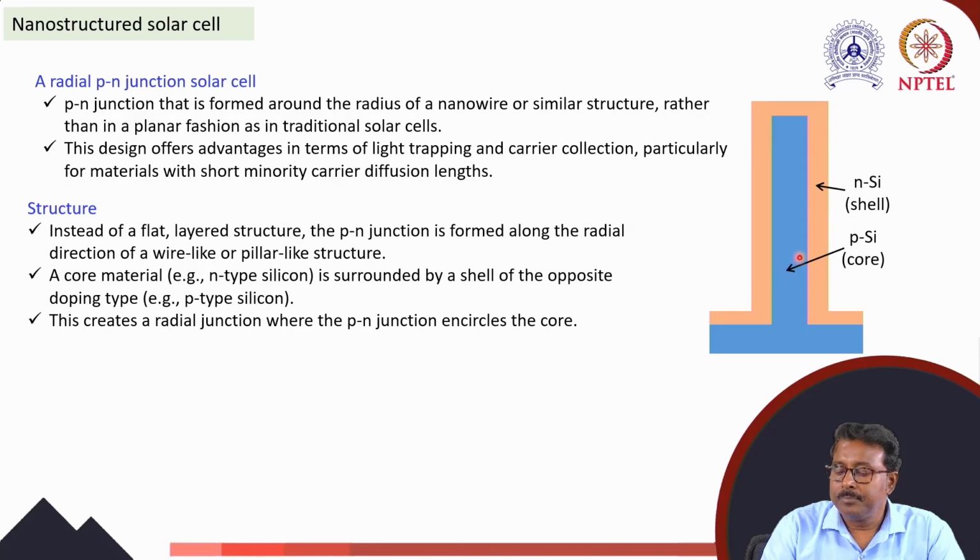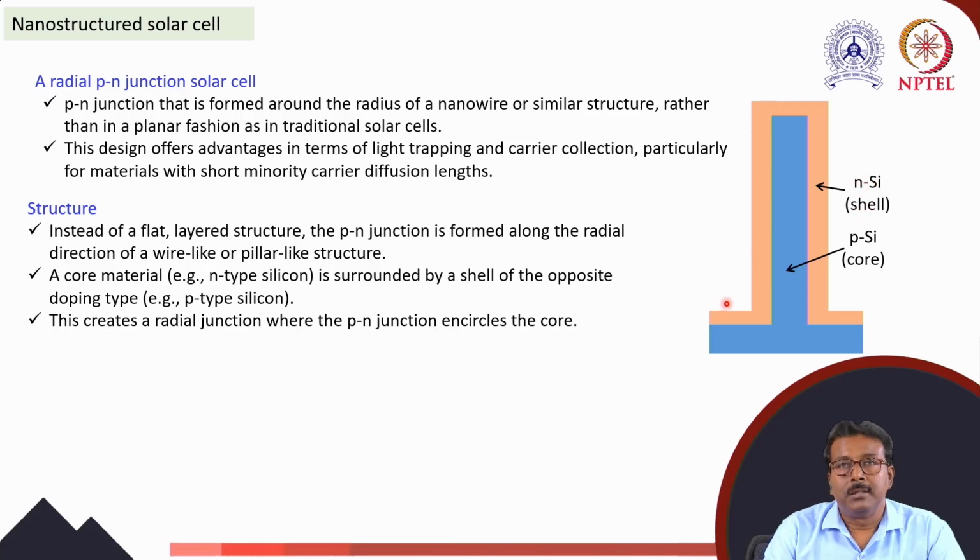This is the structure. A P silicon core, in a circular cylindrical shape with a radius, say R1, which is nothing but P silicon. This is called the core, and around this we deposit or develop a shell of N silicon.